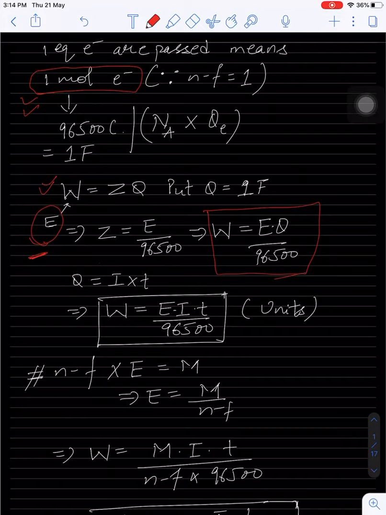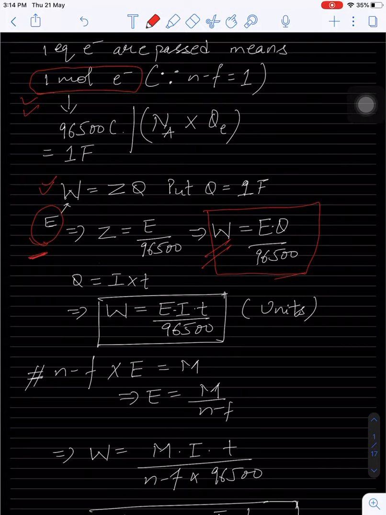Put it in the box. Everybody understands that? Now remember this formula, learn it: W equal to EQ upon 96500. That is the weight of the substance liberated. Where is it liberated or discharged? On the electrode.